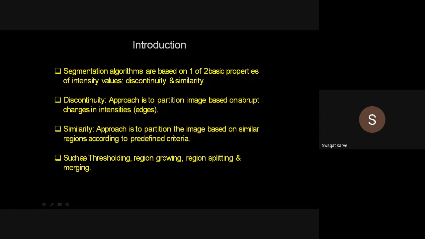So discontinuity means abrupt change in intensity, and that occurs normally at the edges, because edges are the high frequency component of the image, while the rest of the image is low frequency component. So whenever you get a sudden change in frequencies or intensities, you can identify that as the edges or borders of that object or target, right?